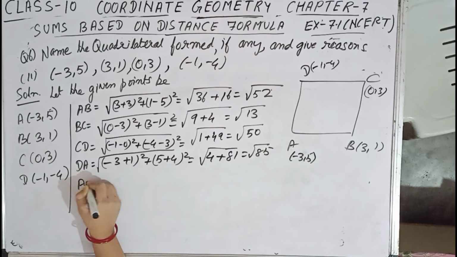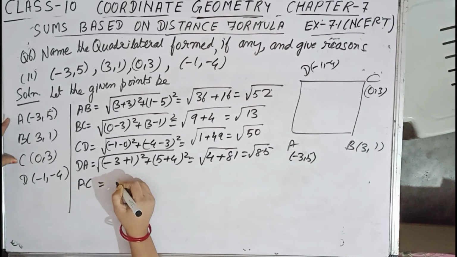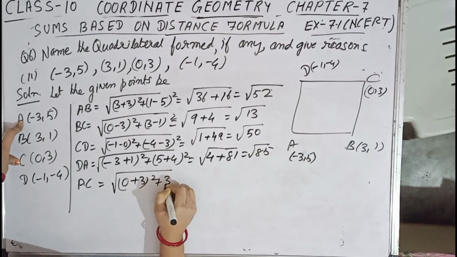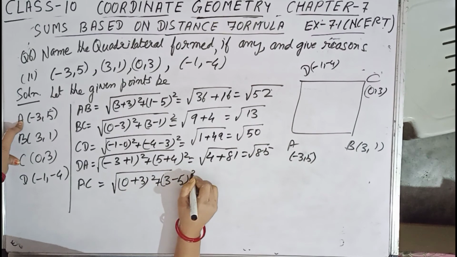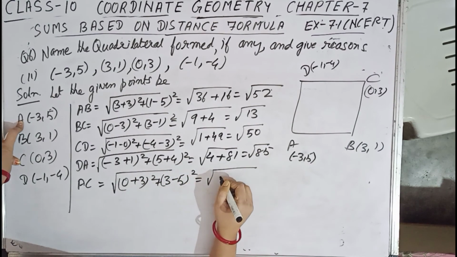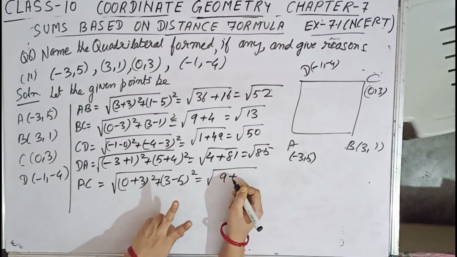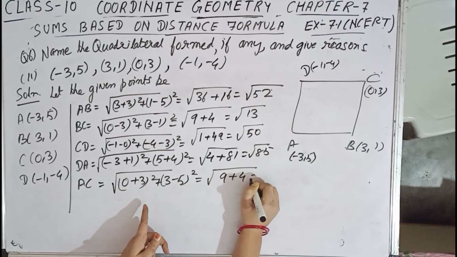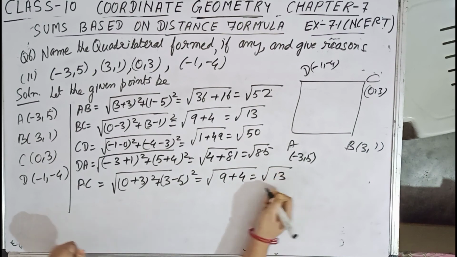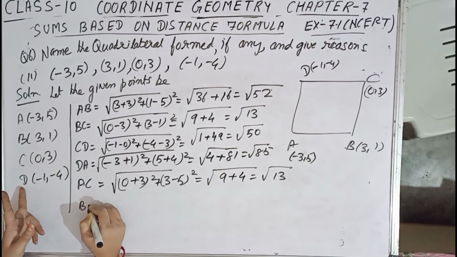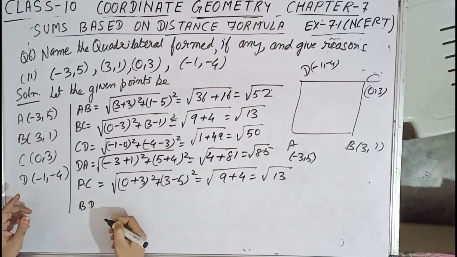Also let us find AC. AC equals the square root of (0 plus 3) square plus (3 minus 5) square. So this is equal to 9 plus, 3 minus 5 is minus 2, square is 4. So this equals the square root of 13. AB, BC, AC, and let us find now BD, the other diagonal.